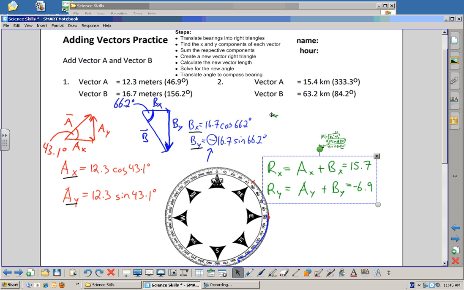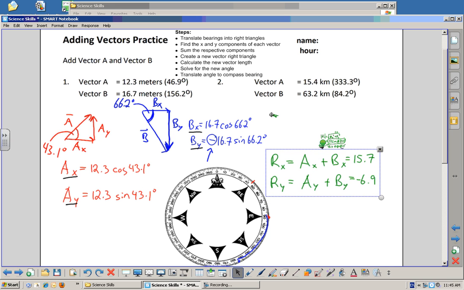I called the new vector R. You can call it whatever you like. To distinguish between the components, Rx is nothing more than Ax plus Bx. The resultant number from the Ax and Bx calculation happens to be 15.7 meters. And adding the positive Ay to the negative By, I get negative 6.9.